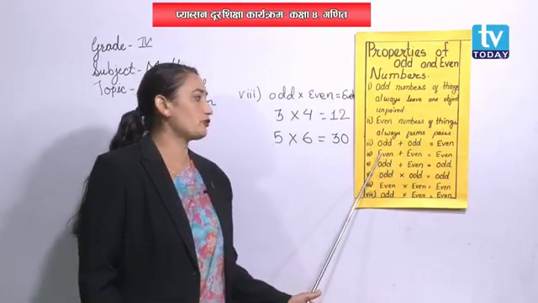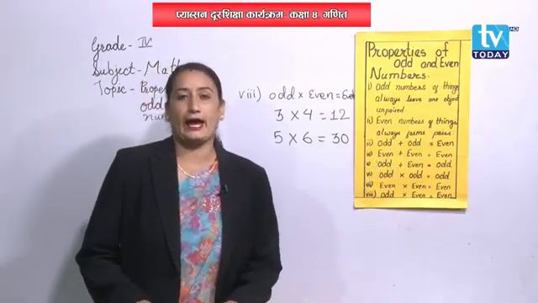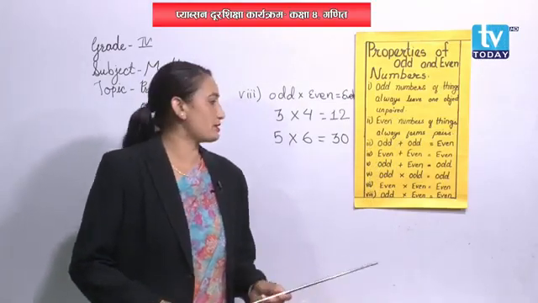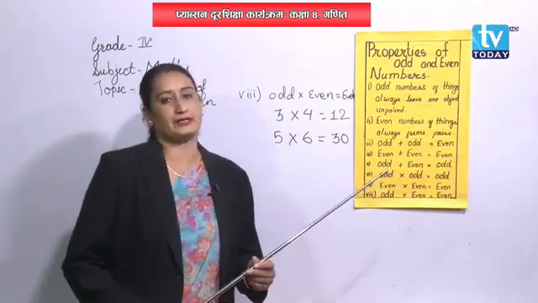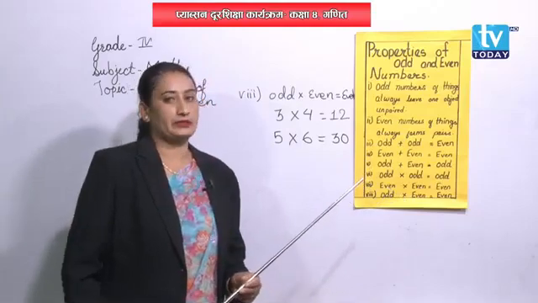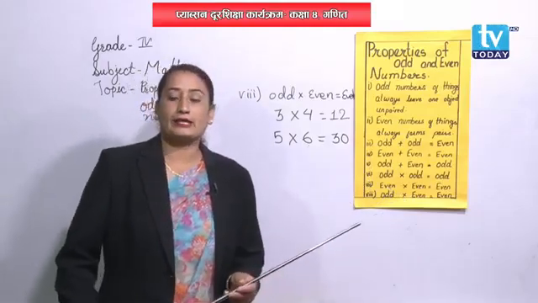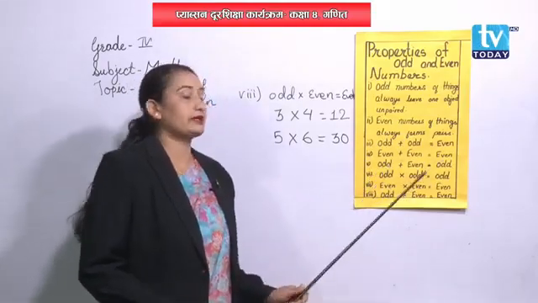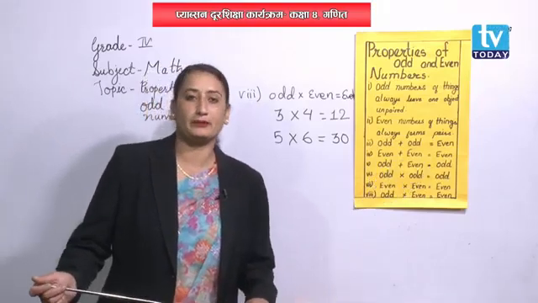The fourth one, if we add even and even numbers, then obviously we will get an even number. Then the fifth property is, if we add an odd and an even number, then we will get an odd number.